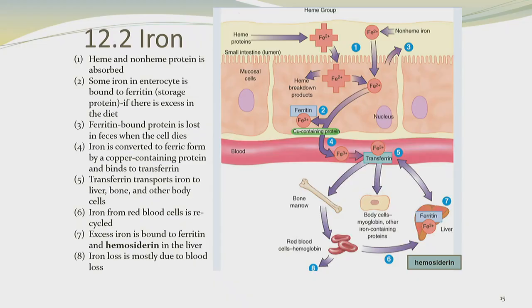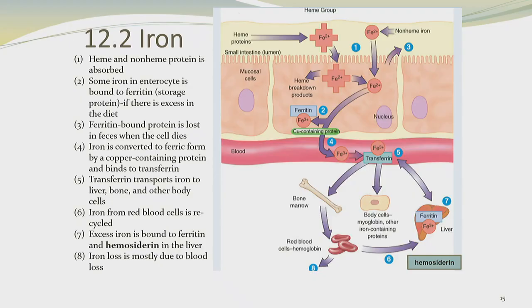We talked about that copper-containing protein that helps with attaching the Fe2+, or your iron, to the transferrin, which is the way in which it is transported in the blood as well. And so it can take one of these three pathways, whether it's going into the bone marrow to synthesize heme and red blood cells, hemoglobin, or it can go into the body cells.